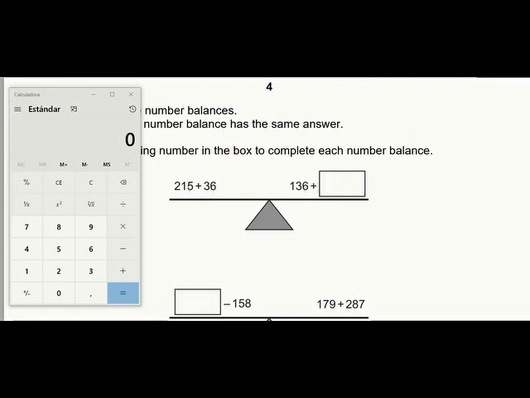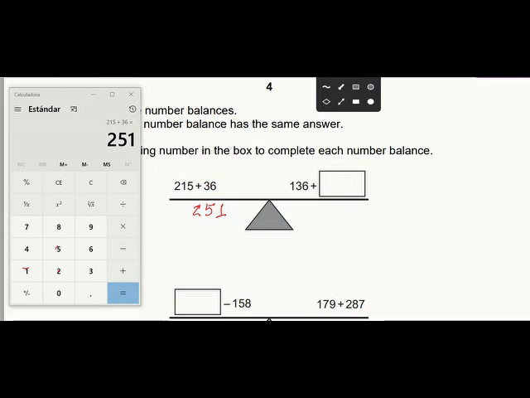We want to have this addition, which is 215 plus 36, so it is 251. Now, once again, we don't want to write all around our paper. Whether we keep it in mind or we write it aside, we don't write it in the paper. So 251, and we want to have the same value here.